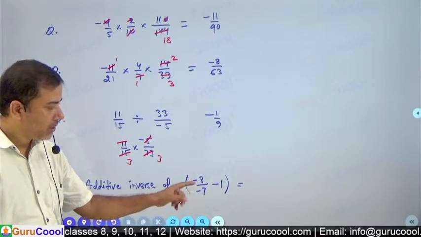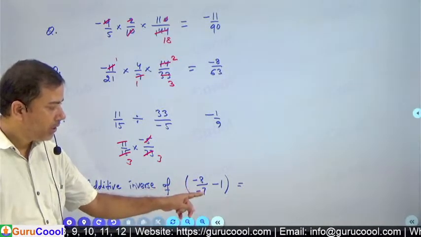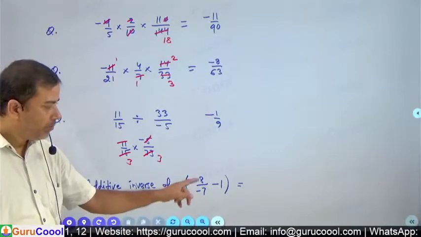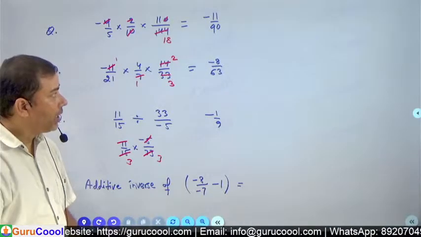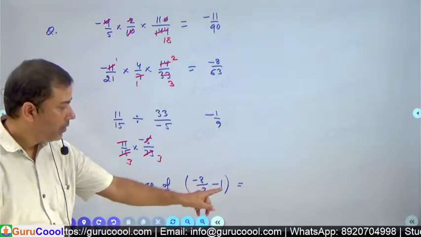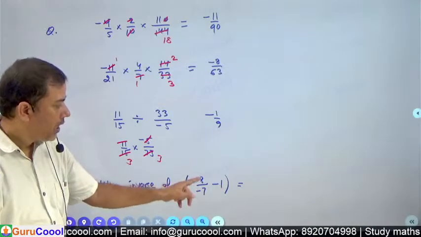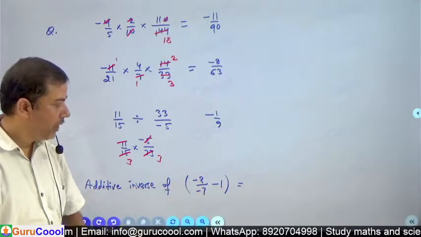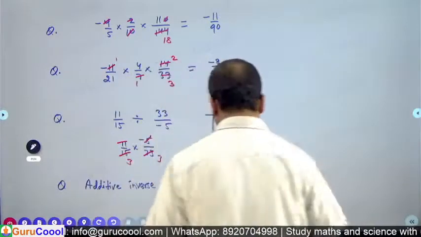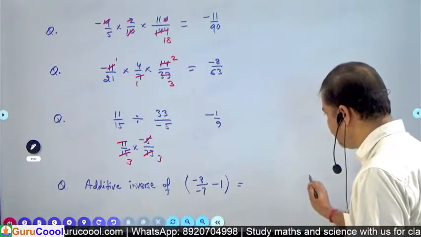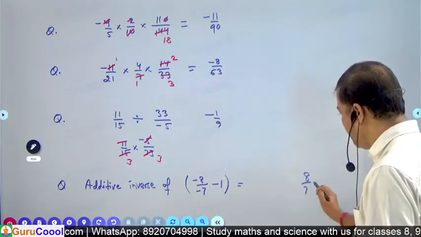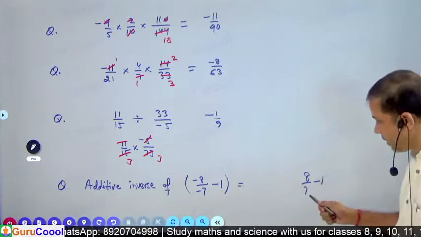Two negative signs ignored. You have 8 by 7 only, and then minus 1. 8 by 7 minus 1. And I told you, when you have an integer and a rational number, how to handle. You have this 8 by 7 minus 1. So you will directly do it this way.